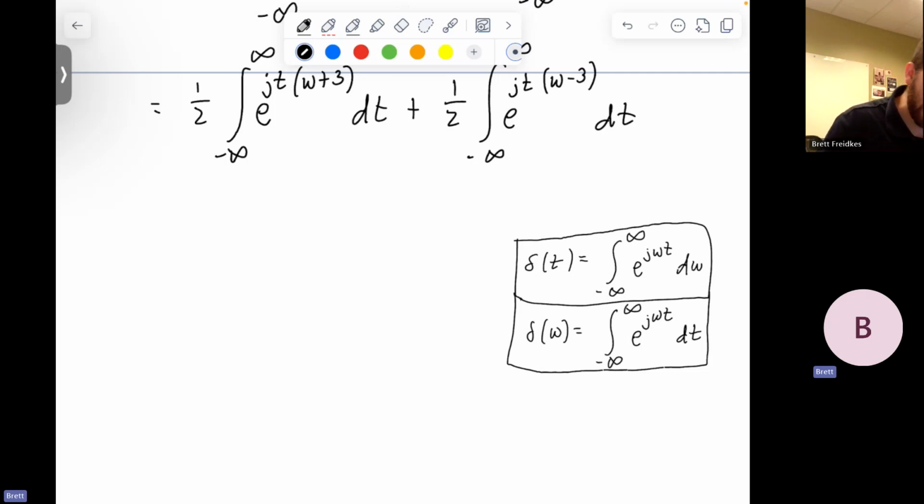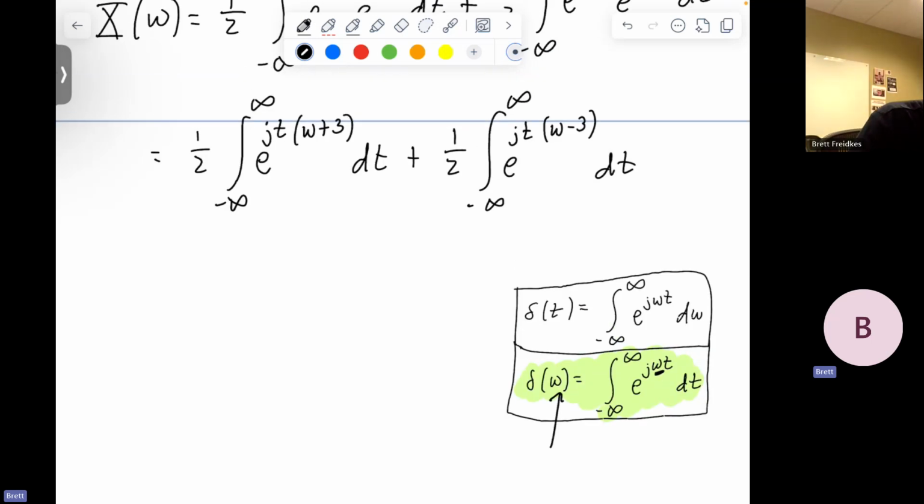Because now what this is saying is that if I am integrating with respect to time, which is what I'm doing in the second one, delta at some location is based on e to the jt multiplied by that location. And if we were to investigate these exponentials, we see that those locations are these omega values.